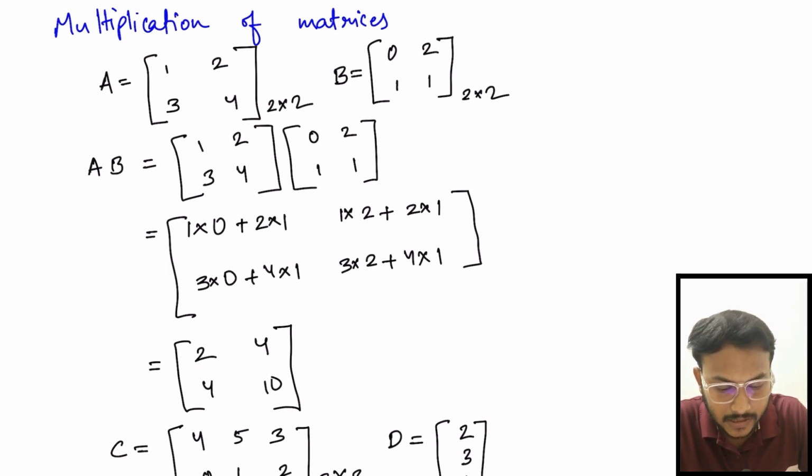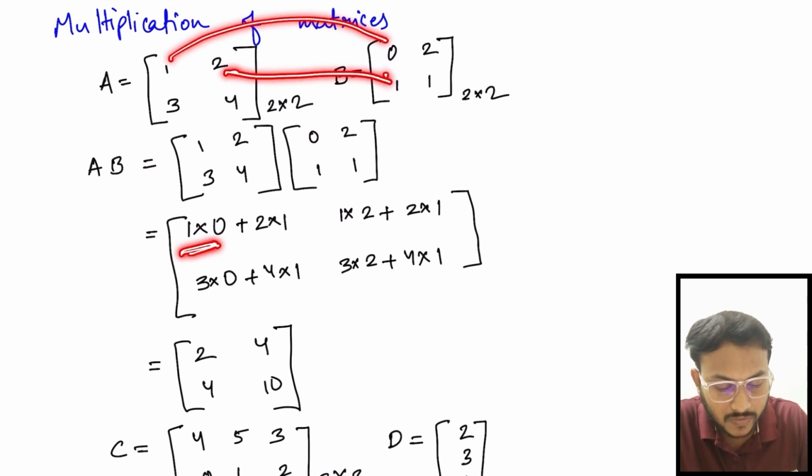So the rule is, so first how did we multiply the matrix? What we have done, we have multiplied the first row with first column. Okay, we have multiplied the corresponding elements of first row and first column. Okay, then we have added the elements. Okay, so 1 into 0, then plus 2 into 1.